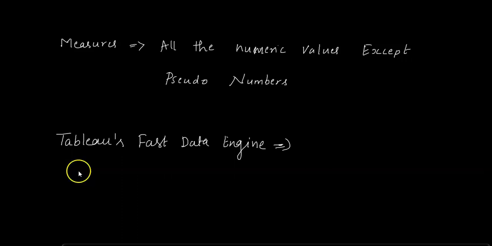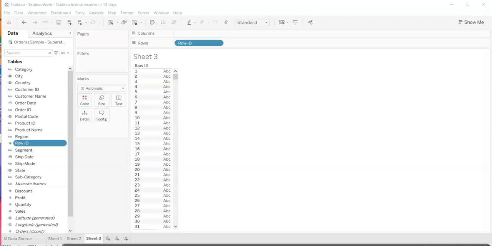And also this is the one which is responsible for segregating the fields into dimensions and measures. That is the quick intro to Tableau's data engine. And also Tableau's fast engine is responsible for assigning a default aggregation property to the measures.